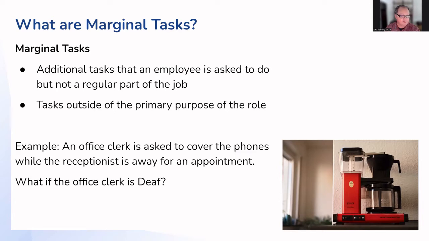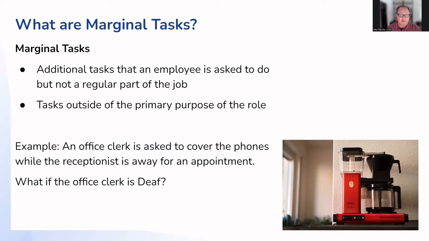Another example is an office clerk who's asked to cover the phones while the receptionist is away for an appointment. It's not a regular part of their job, it's just a one-time thing, or maybe it's an infrequent, occasional thing. If that office clerk is deaf, how can we handle this situation?